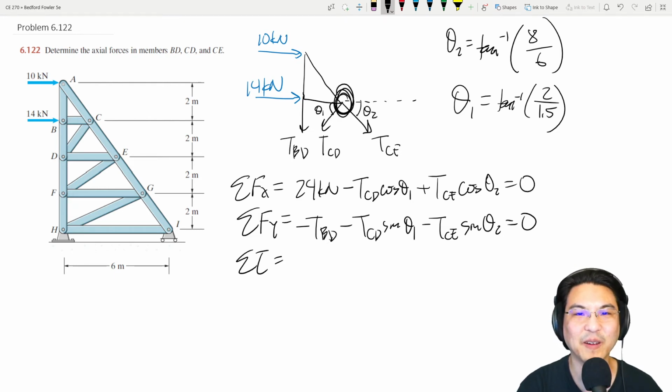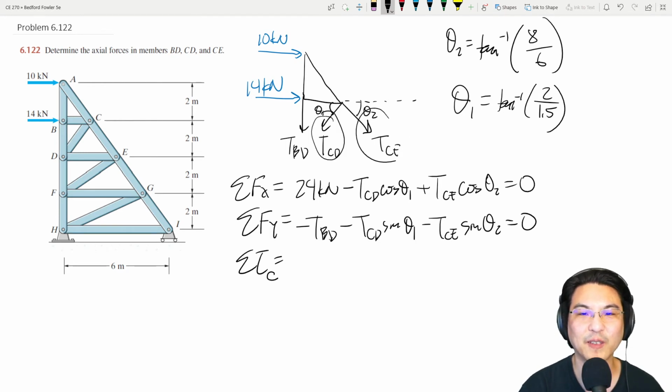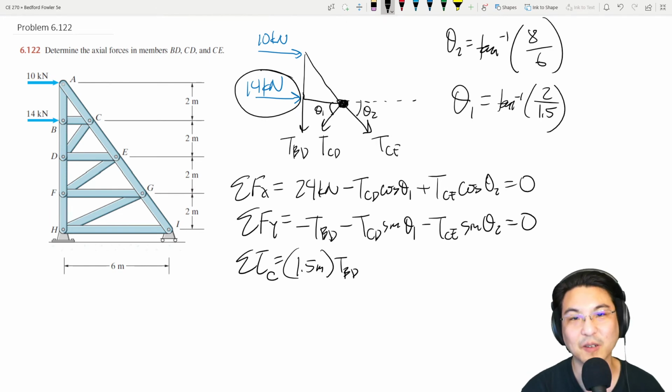I think right here, right? So that's point C, because then if we sum torque about point C, neither of these forces provide any torque about this point. Okay, so then there's torque from this, and then the lever arm here to here is 1.5 TBD. The torque by this force about this point is 0.